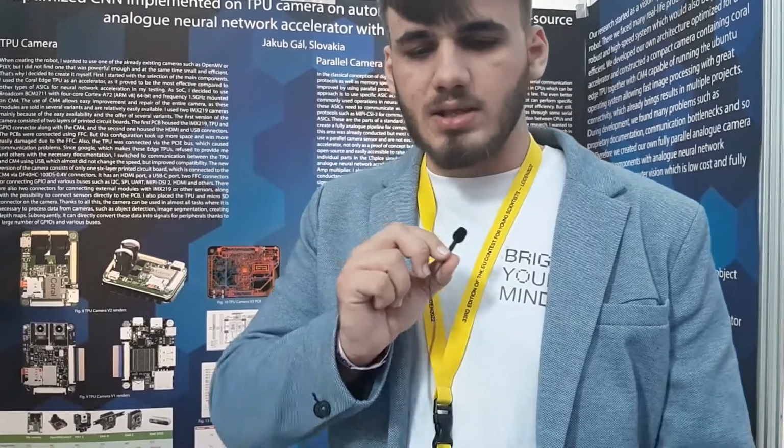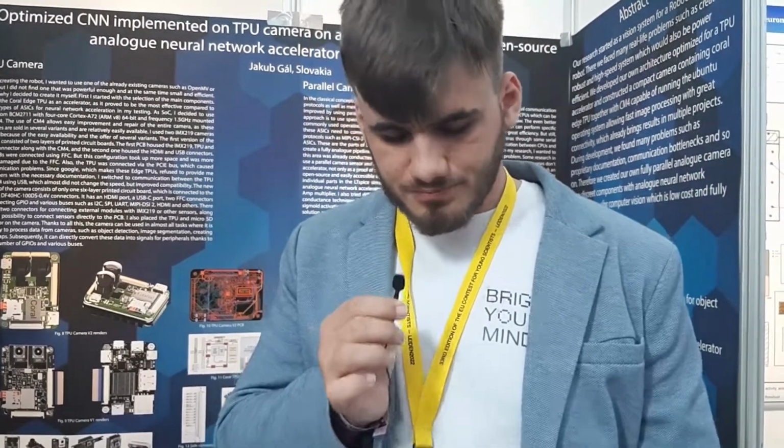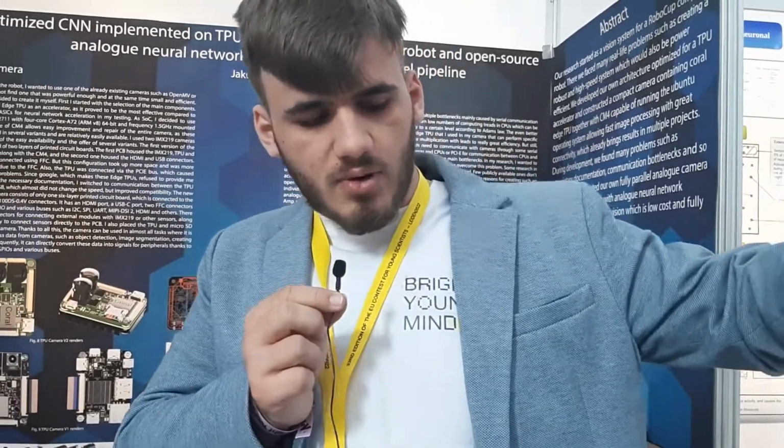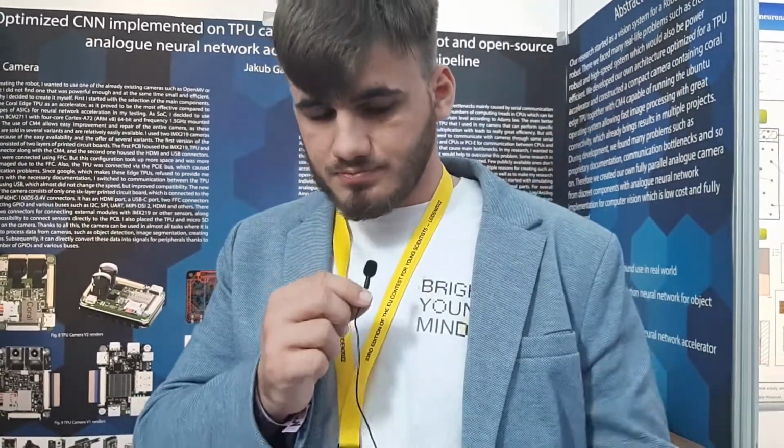After I created this camera, I ended up creating my own way of computing images, or extracting information from images. So I created my own fully parallel neural network accelerator camera that has a 28 by 28 sensor of phototransistors, and every one of these phototransistors is pinned out.